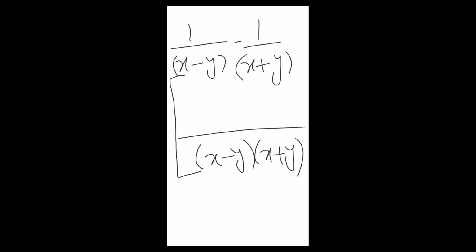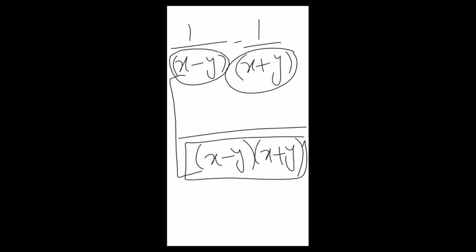Now, we need to match each denominator with the LCM denominator. Consider this one your major denominator and these your minor denominators. Now you need to tally your minor denominator to your major denominator. This x minus y and this x minus y get multiplied one time.